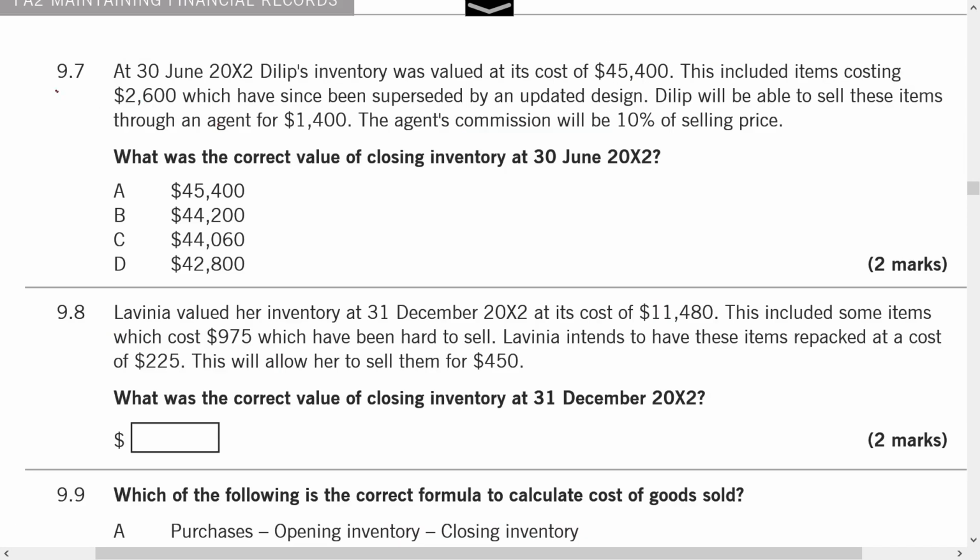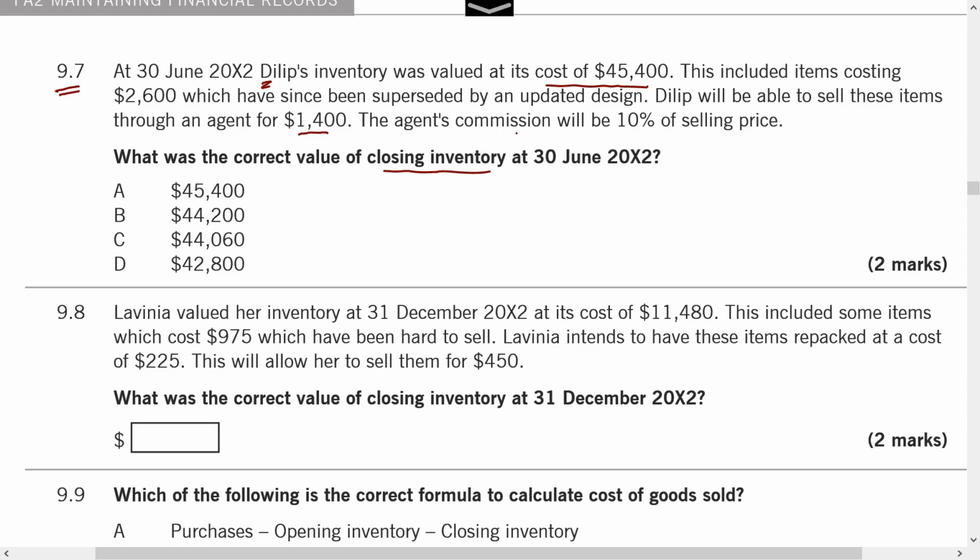Now next we have question number 7. What was the correct value of closing inventory at 30th June 02? This inventory was valued at its cost of 45400. This included items costing 2600, which have since been superseded by an updated design. D will be able to sell these items through an agent for this amount.